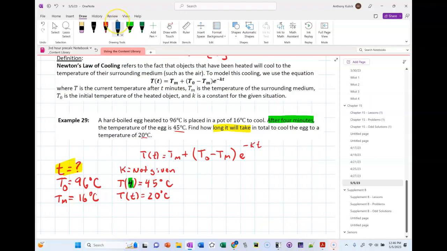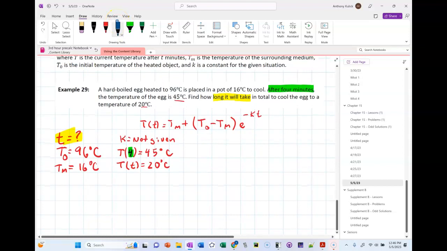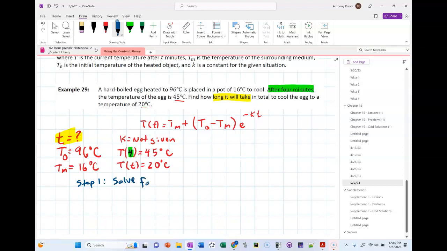All right. So when I look at this, I see 2 steps. I'm going to have to figure out what that K is. To do that, I'm going to use that T of 4 is equal to 45 degrees.